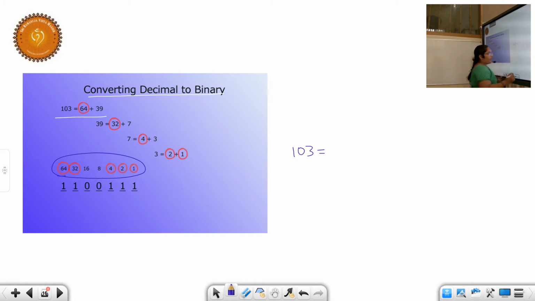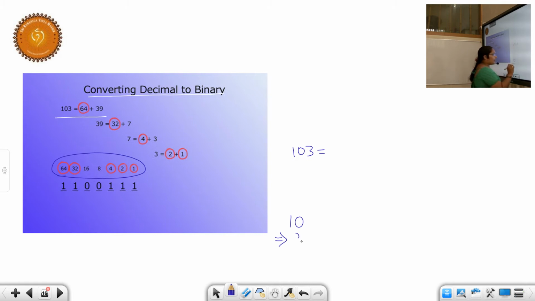Let me explain clearly. Let us have 10 digits. It should be converted into the binary format. So how can we convert that? We have 8, 4, 2, 1 at the lower stage.